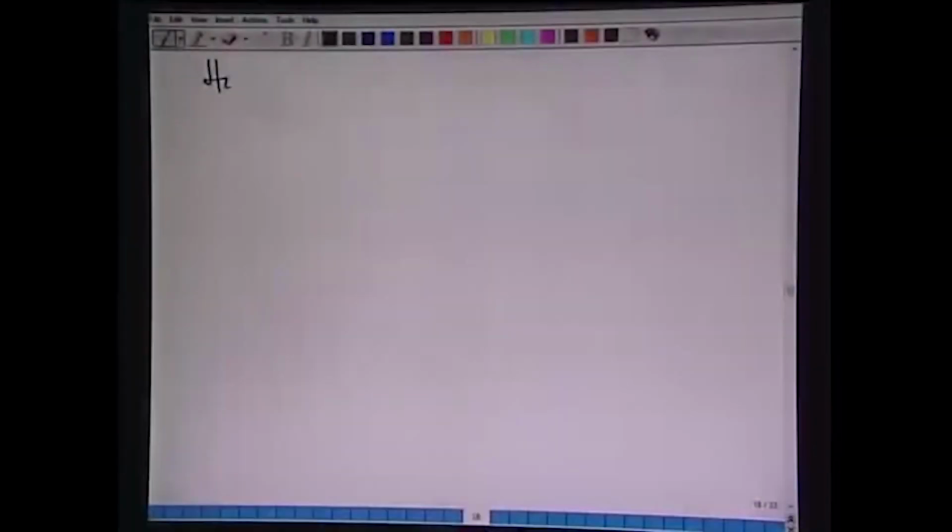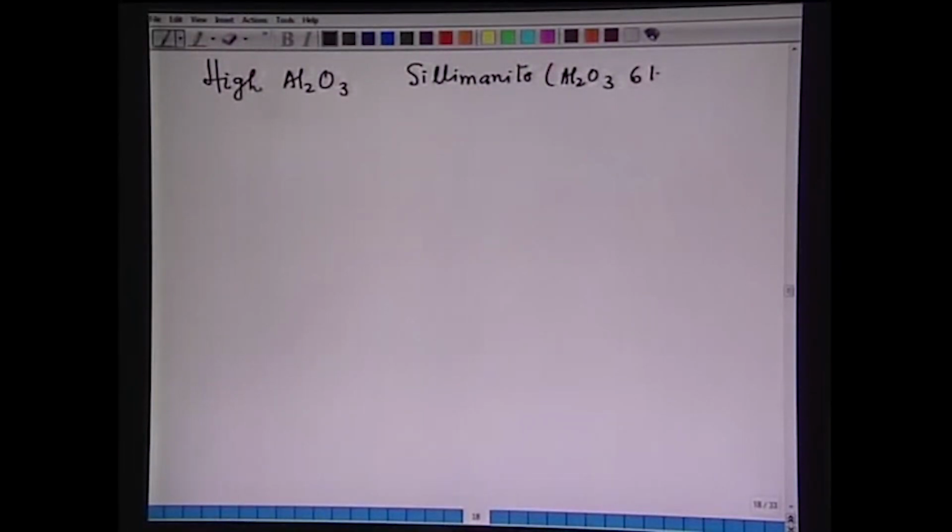Now, next, for example, high alumina refractories. Typical example, for example, sillimanite, which contains Al2O3 61.0% and mullite, it contains 70 to 85% Al2O3.